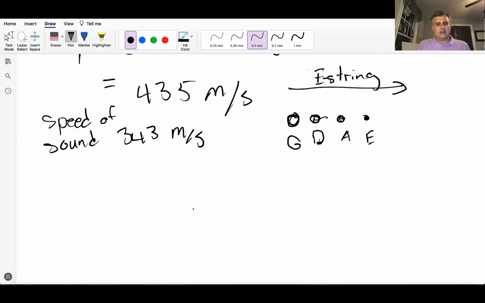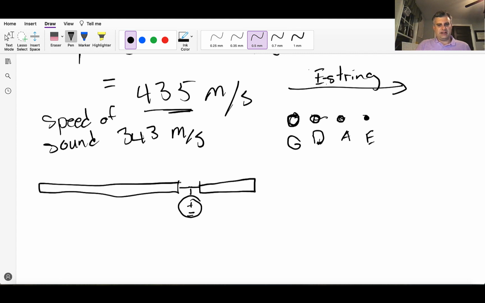So, 435 meters per second for a string. If we wanted to model it, we said we could use a white noise source. It's located somewhere, maybe, I don't know, 5/6 of the way down the transmission line, which is our violin string.